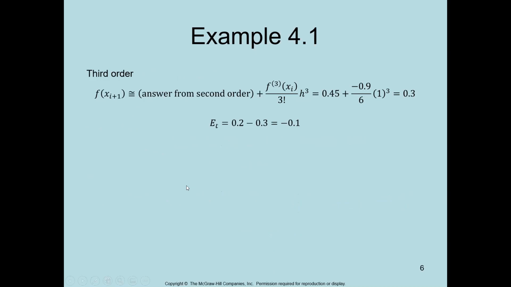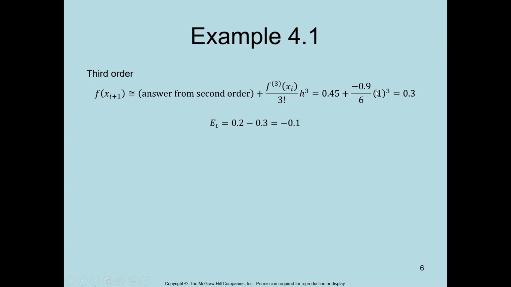So we can calculate the third order approximation. In this case, I have just simplified the calculations, because for the third order approximation, we can very confidently say that it will be equal to the answer from the second order plus this term, which is the third derivative times this.